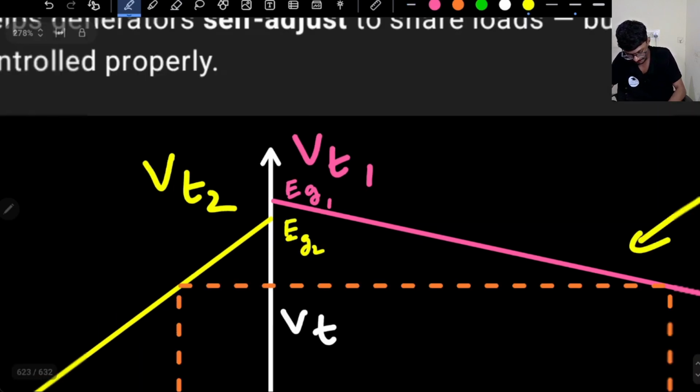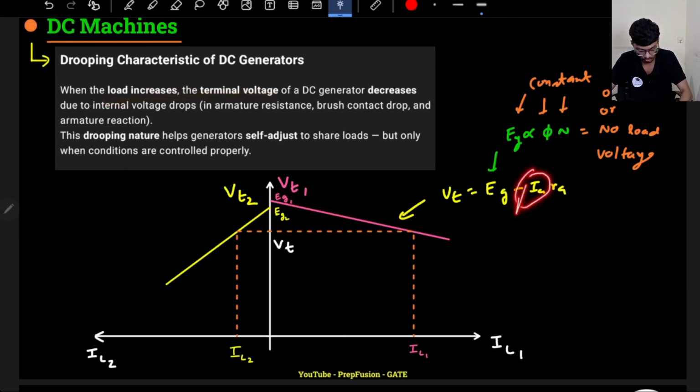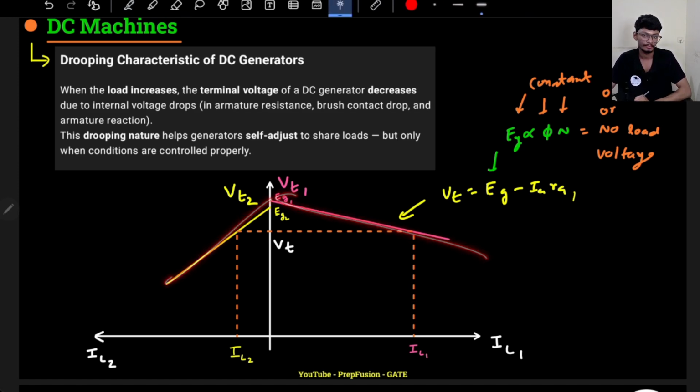Now you might see there is a bit of a problem. This characteristic is known as the drooping characteristic. As the load increases, this drop will increase, so the terminal voltage Vt also will reduce. Now, this Ra resistance will not be the same for both generators. Generator 1 may have a resistance of Ra1, generator 2 may have Ra2. Then they will not reduce by the same amount.